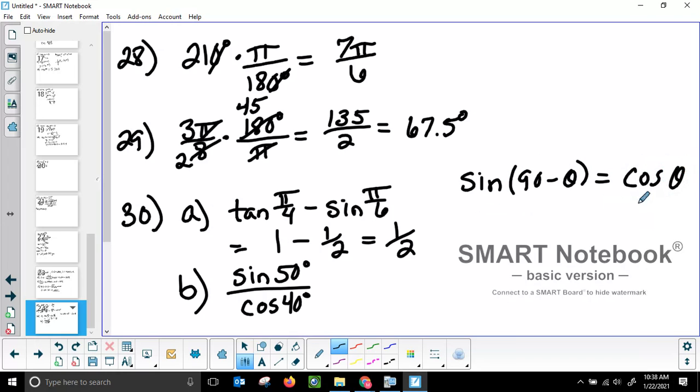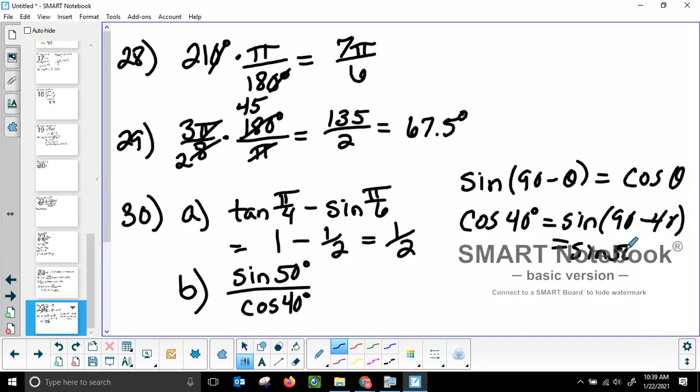So in this case, cosine of 40 degrees is equal to sine of 90 minus 40, which is just sine of 50. So since cosine of 40 and sine of 50 are equal to each other, these two things are the same. Anything divided by itself is just 1.